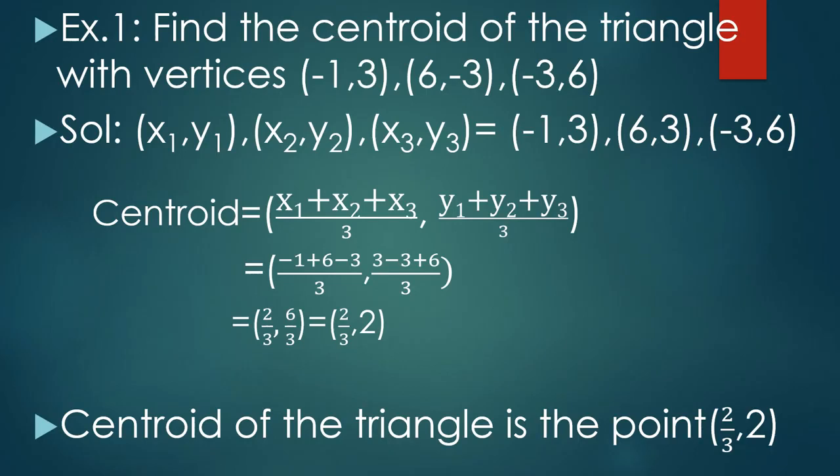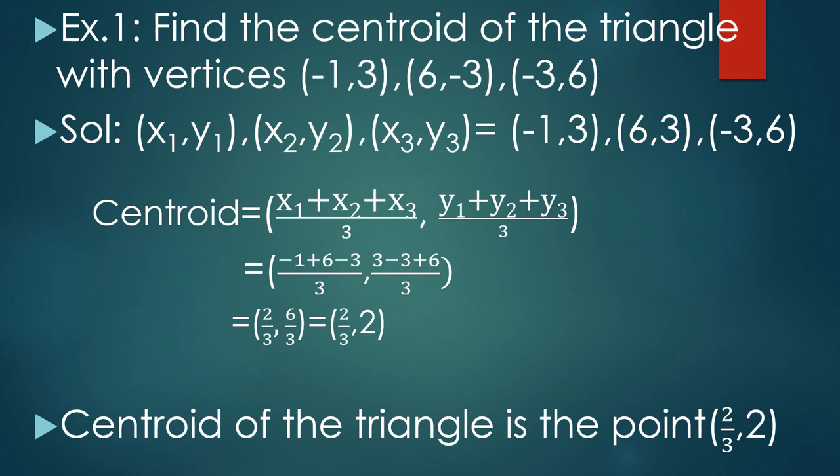Now let us see an example. Find the centroid of a triangle with vertices (-1, 3), (6, -3) and (-3, 6). Here x1, y1, x2, y2 and x3, y3 are given. We substitute in the formula for the centroid: (x1 plus x2 plus x3) by 3, (y1 plus y2 plus y3) by 3.